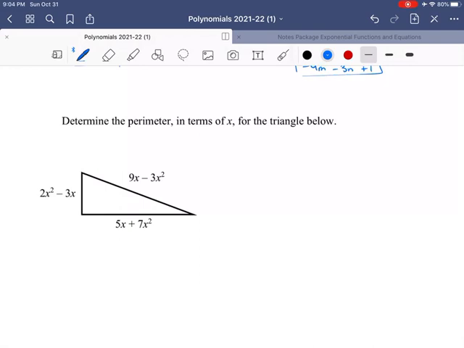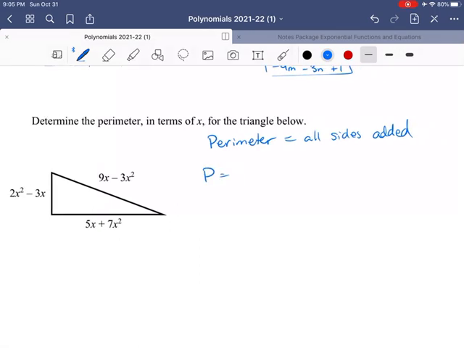All right, one more question here. Determine the perimeter in terms of x for the triangle below. So perimeter is all sides added. Okay, so the perimeter is equal to, let's start with this side, 9x squared minus 3x squared.